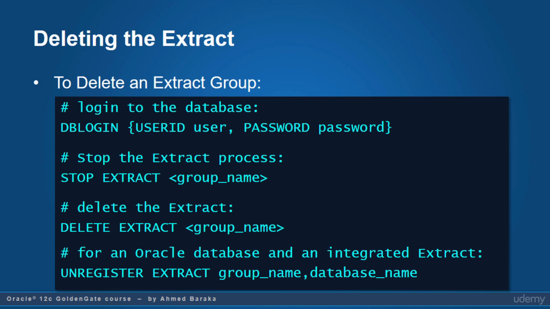You first log in to the database, stop the extract process using the STOP EXTRACT command, delete the extract process group, and finally, if the extract process is running in an Oracle GoldenGate database and it is configured to run as an integrated extract, you need to unregister the extract process from that database. I will talk in a separate lecture about configuring the extract process to run in the integrated mode.